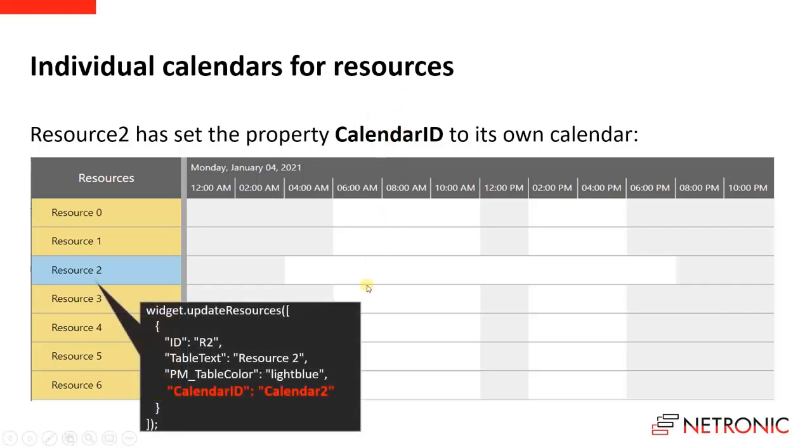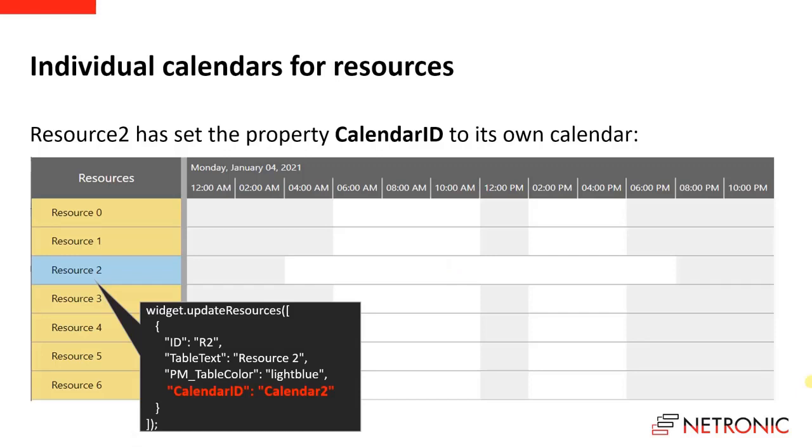Here we see that we can use the update resources method of the widget. In this case, we have set the property calendar ID of the resource 2 to a different calendar ID. In this case, we use calendar 2. And as we have seen before, the default calendar was calendar 1. This way, we can define an individual calendar for each resource.